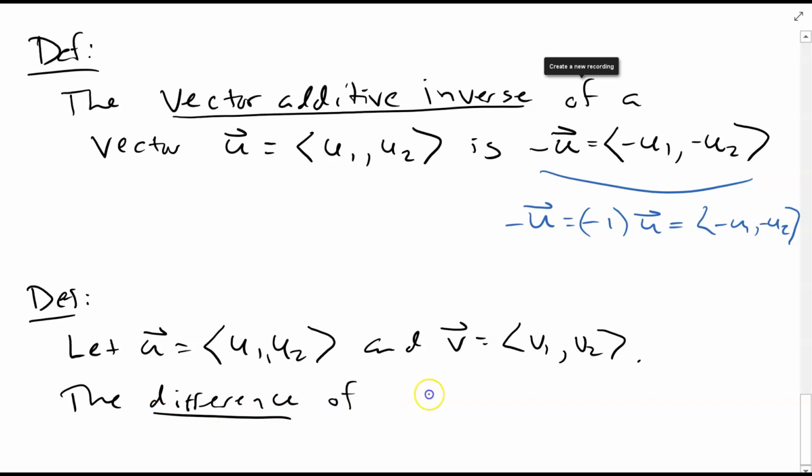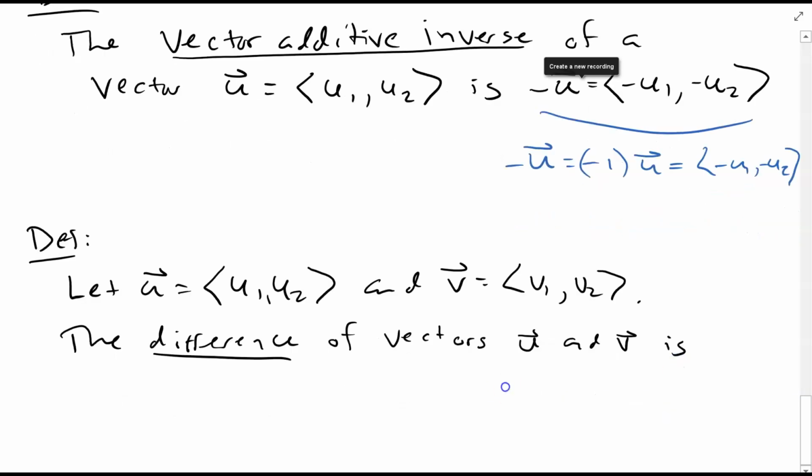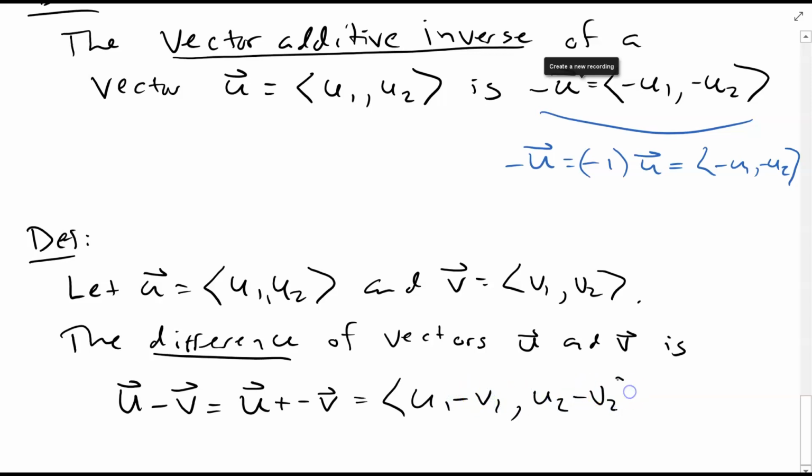of vectors u and v is defined as u minus v, which is equal to u plus a negative v, which is just u1 minus v1, u2 minus v2.